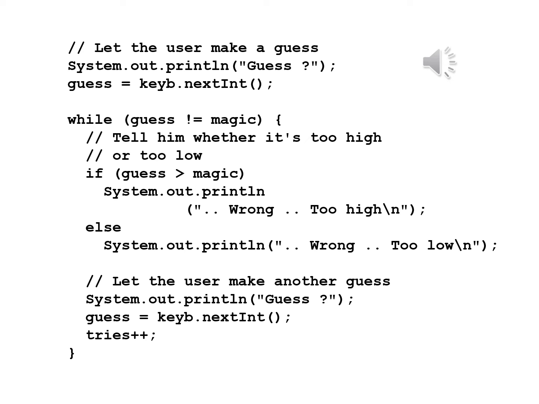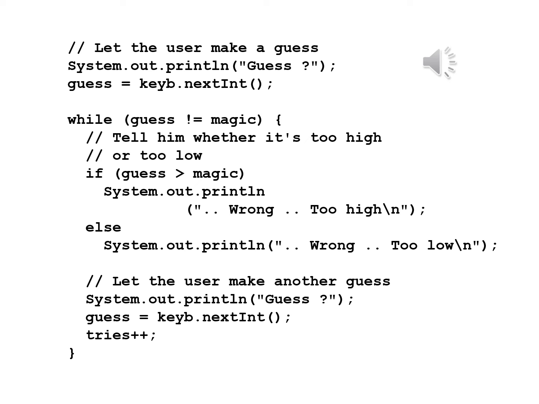While guess is not equal to magic, and we open a brace so we can have the loop in here, we have a comment, tell him or her whether it's too high or too low. If guess is greater than magic, System.out.println wrong, too high. Else, System.out.println wrong, too low.